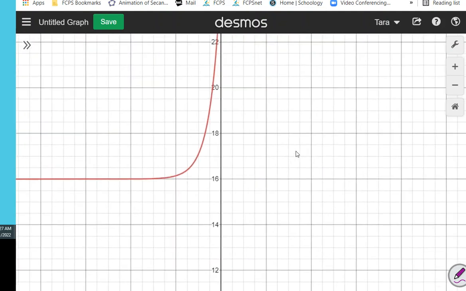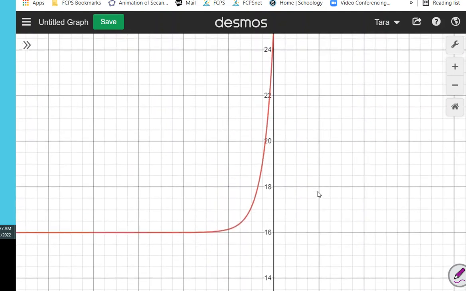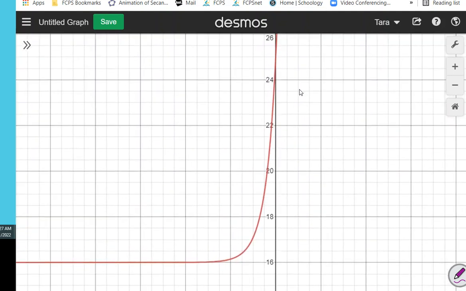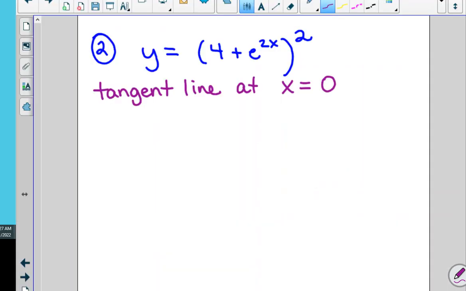And so if we're looking at our y-axis where x equals 0, it looks like we're going to have a pretty big number here for y. Oh yeah, because when x equals 0, oh, this is messy.